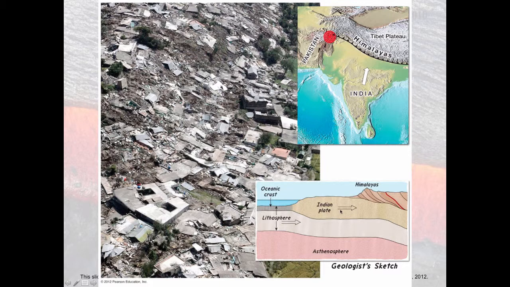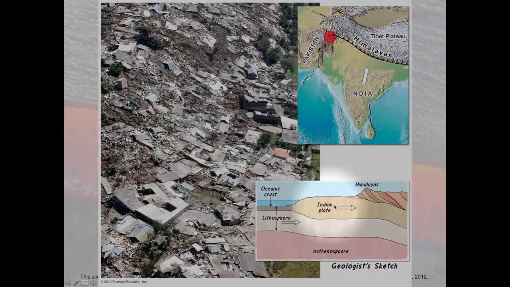This is just an example of that Himalayan collision area and the aftermath of the large earthquake that occurred in Pakistan a few years back. It shows you the sketch of how the Indian plate is colliding with the Himalaya, the oceanic plate.